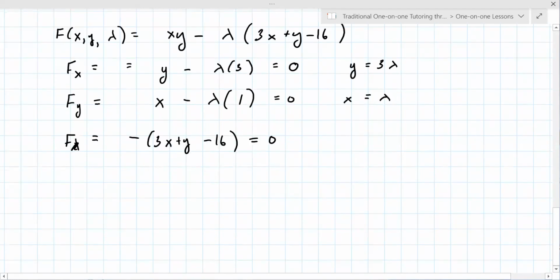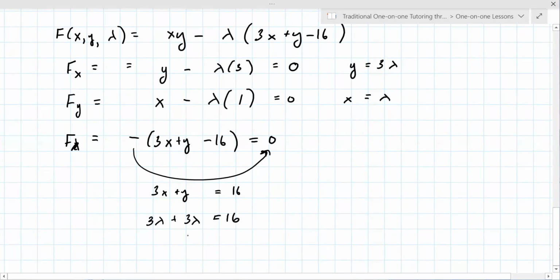And then this last one, you actually can move this negative to the other side. So you get 3x plus y, and then move the 16 over, so that equals 16. And then because you have x and y in terms of lambda, you're going to substitute this in there. So x is really lambda and y is really 3 lambda.